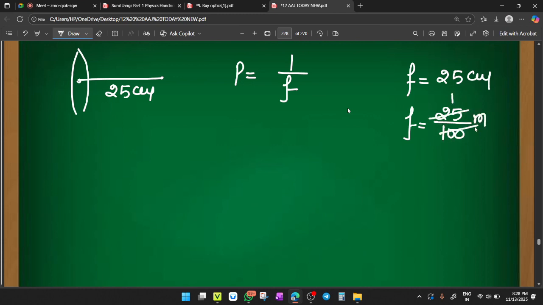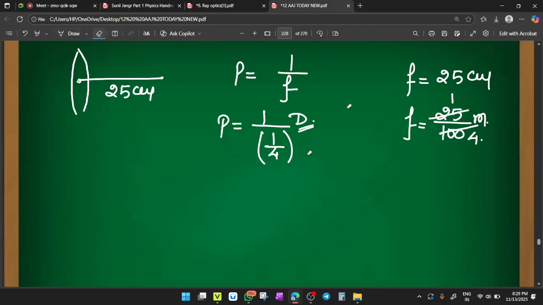So 25 goes into 25 once and 25 times 4 is 100. So power equals 1 upon 1 by 4, that is 4 diopter. You have converted into the form of meter, so it will become diopter. Clear or not? Okay, more better, you can write it like this.